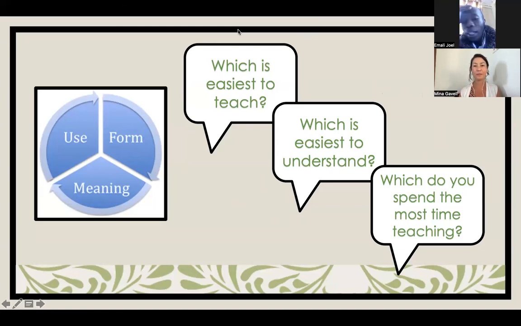Yeah, thank you. Now, in my own perspective, I think teaching form can be a little bit easier because here you just have to, let's say, tell the students about the rules. For example, the past tense rules you have told us, you add ed to a verb to make it past, and of course, tell them some of the irregular verbs, and of course, they know.